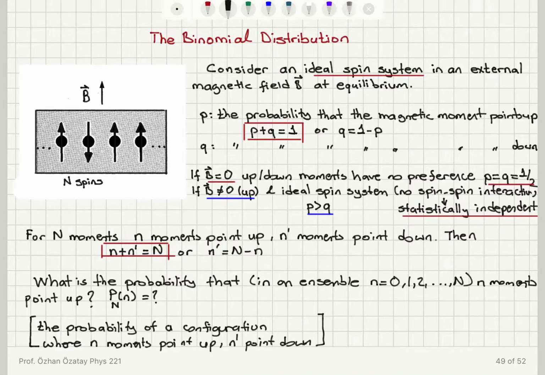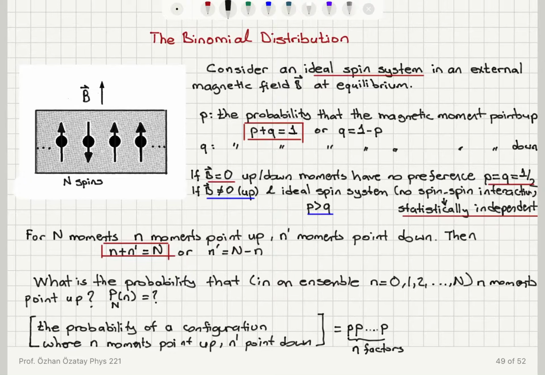Well, for each moment, because this is like throwing N coins or N dice, I have a probability p of being up. So for the first one, second one, third one, etc. And there are n ups I want, so this is going to be n factors.